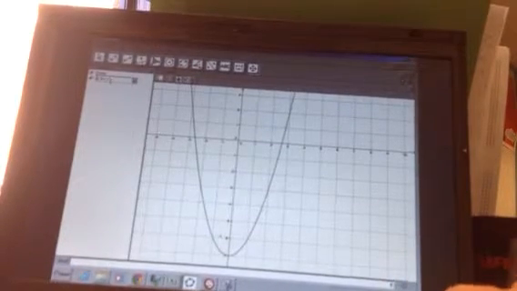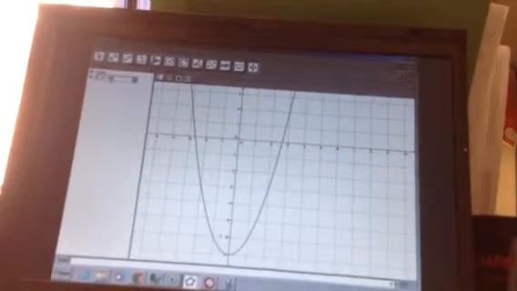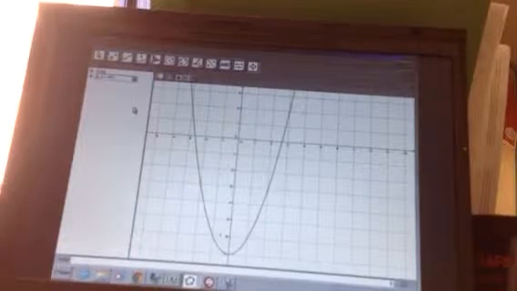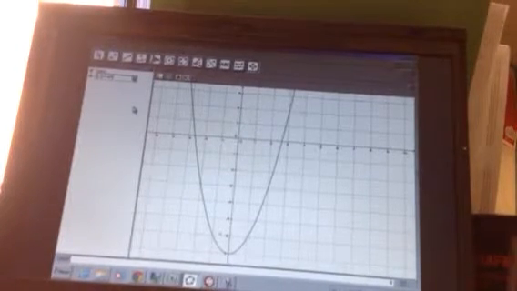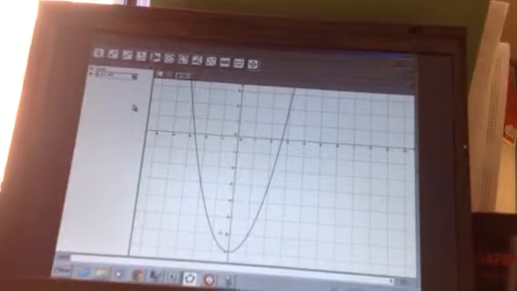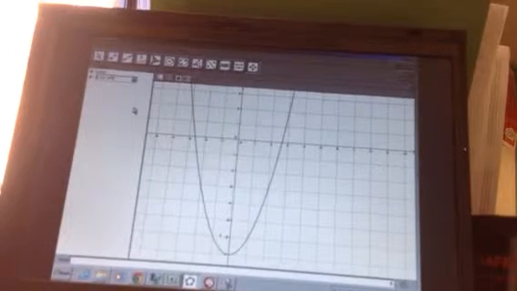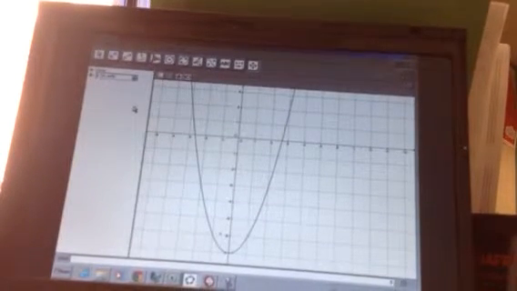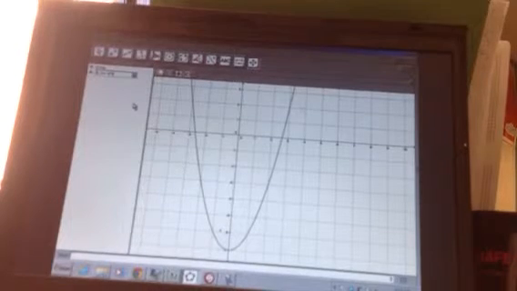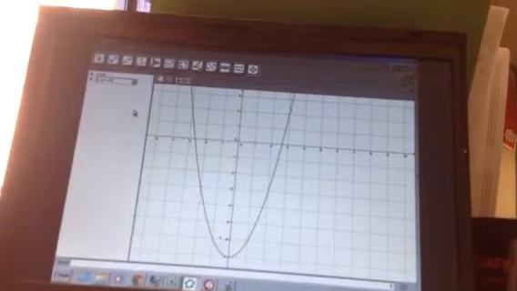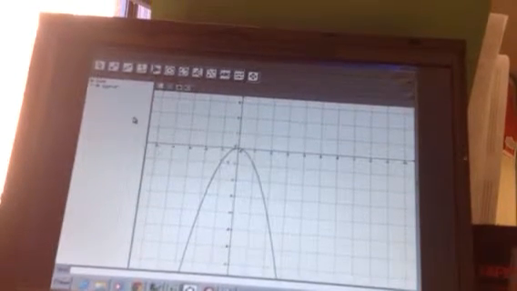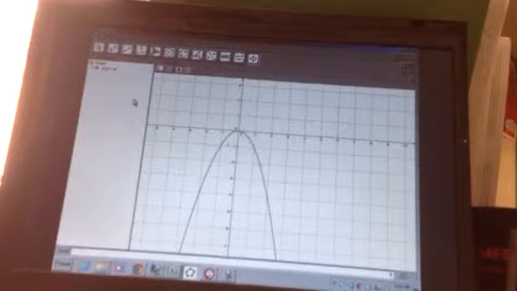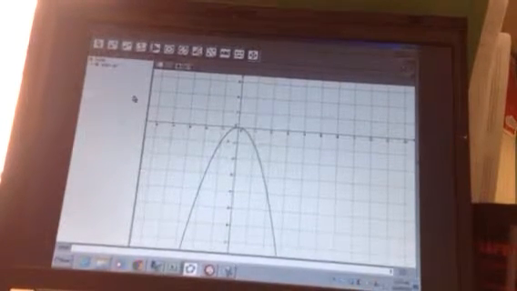I'm just going to change mine. -x squared is all I want, right? You can right click and pick delete, or you can just double click on it and type in there and hit enter. And now I have the graph of y equals -x squared.